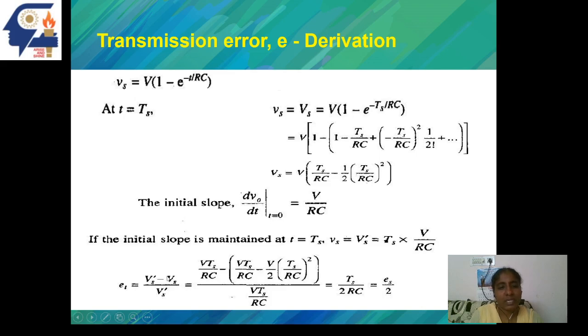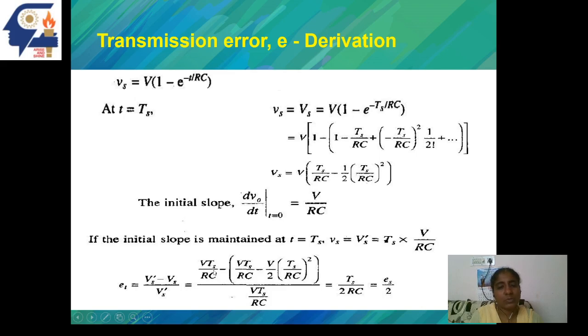So we have calculated Vs distorted output in this equation, and then actual input, this is the equation Ts V by Rc, and the denominator also the same, actual input. So this is our input, this is our distorted output divided by this input.